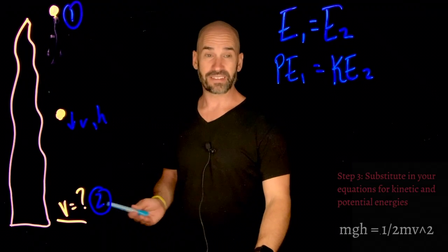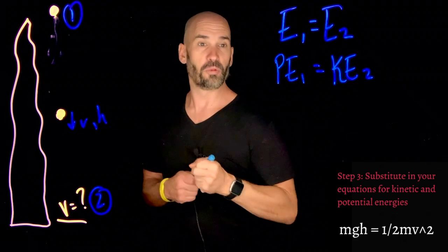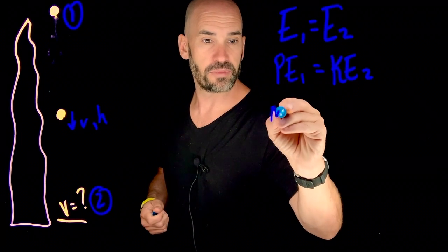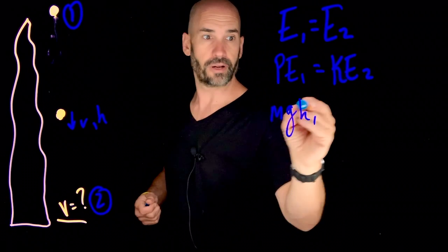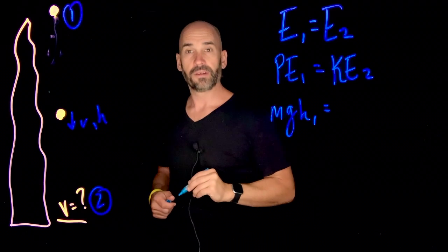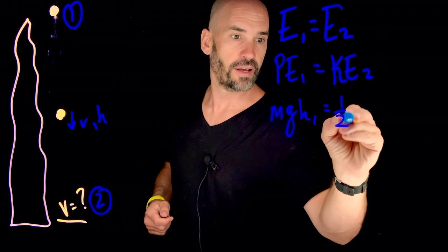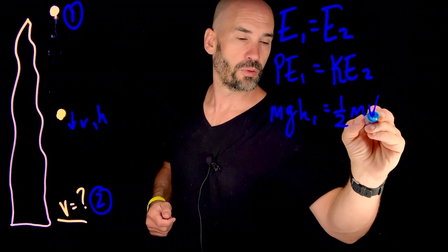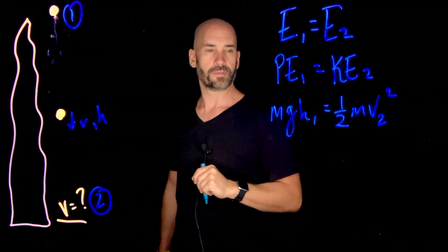Step 3 is you just substitute the equations of these two guys, right? So we know potential energy is mgh, and it's our initial height, so I put in 1, right? And we know that our kinetic energy is 1/2 mv2 squared, because it's the velocity at the end, right?